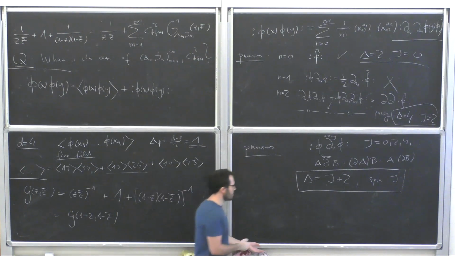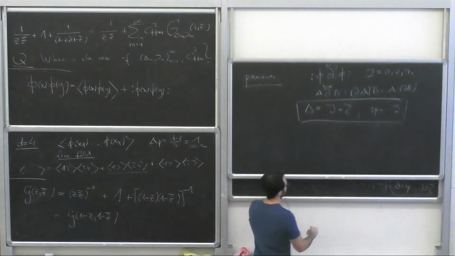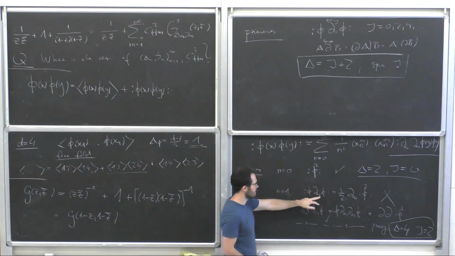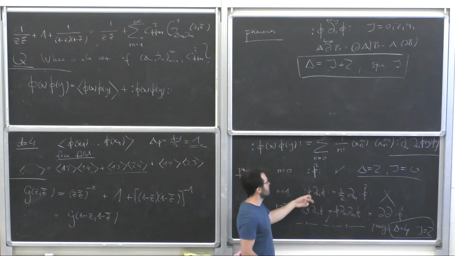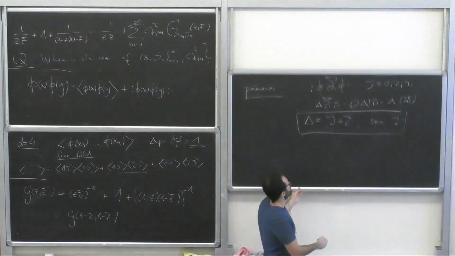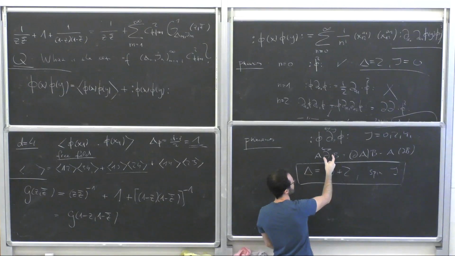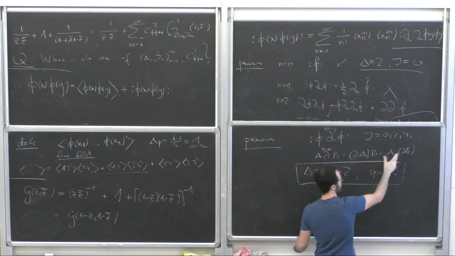Well, at j equals 1, there's only one thing you can write down, and it's a descendant, right? It's a descendant, but from the point of view of this formula, if you do this odd number of times, the two terms will cancel each other out.